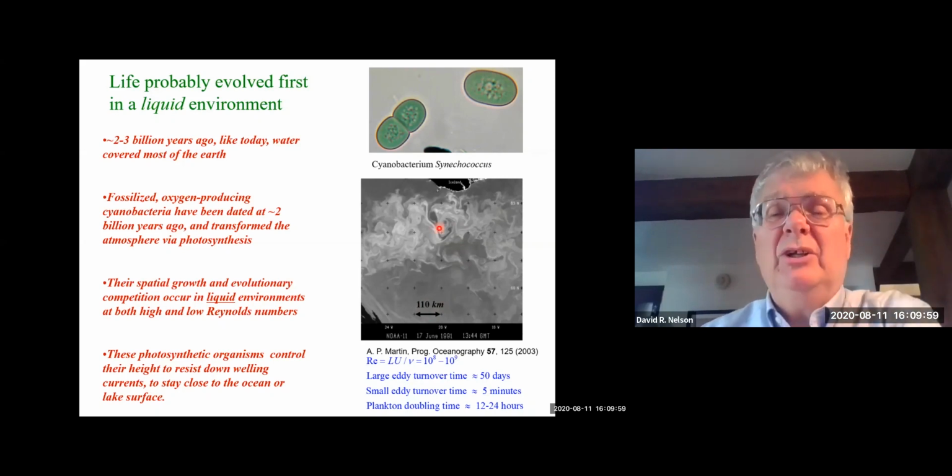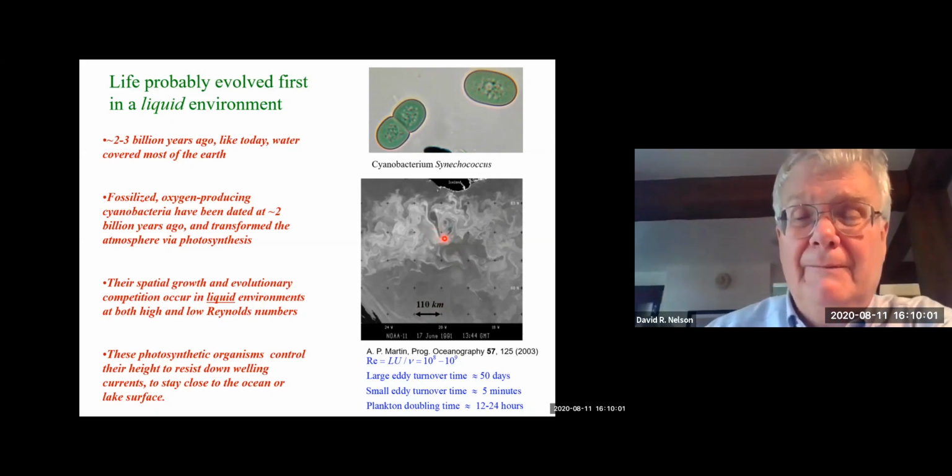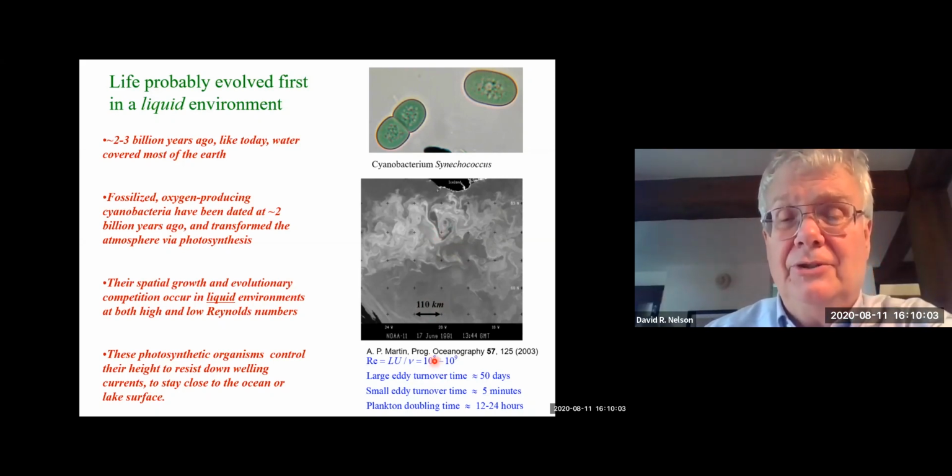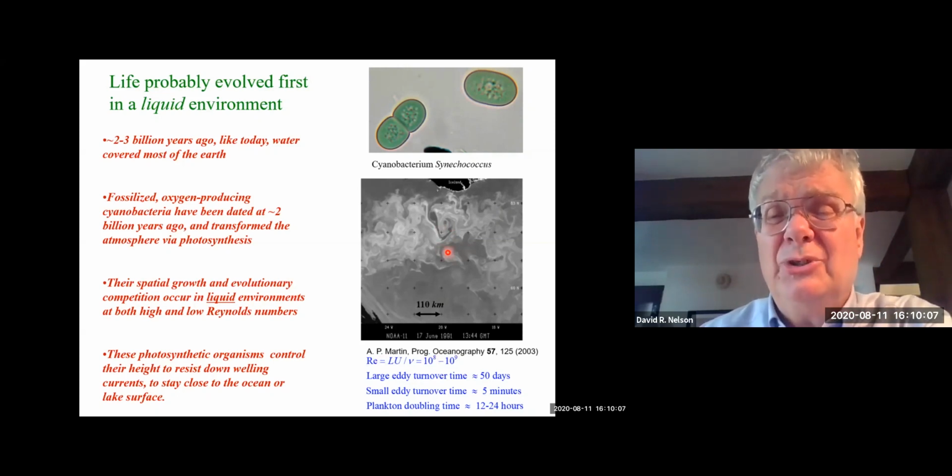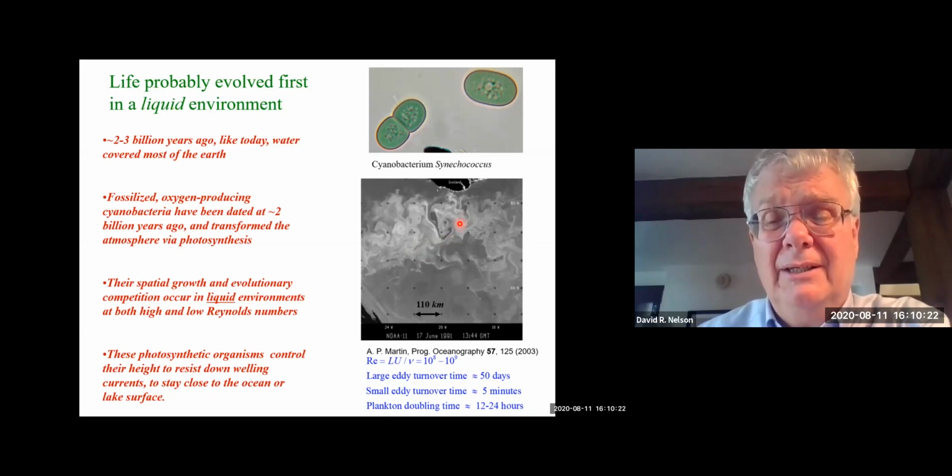And with those very large length scales, many of you will not be surprised to learn that there's a Reynolds number that controls what's going on here at the ocean surface. It's stirred up by wind-wave interactions, perhaps. And the Reynolds number is a dimensionless number that characterizes the Navier-Stokes equations that are advecting these organisms around, and it can easily be 10 to the 8th or 10 to the 9th.